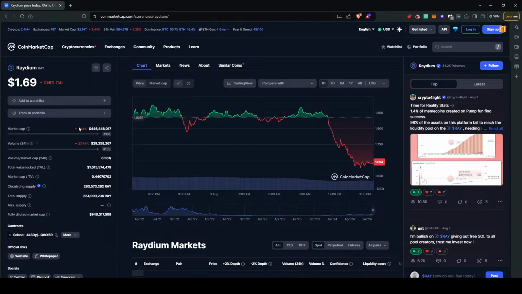Now, Radium has a much lower market cap, so it's possible it could do more X's. But if people prefer Jupiter over Radium, well, then Jupiter will outperform Radium, even though Radium has a lower market cap. Hopefully all that made sense. If it didn't, don't worry. You have this recorded, so you can just rewind it. But that is my thought process on this.